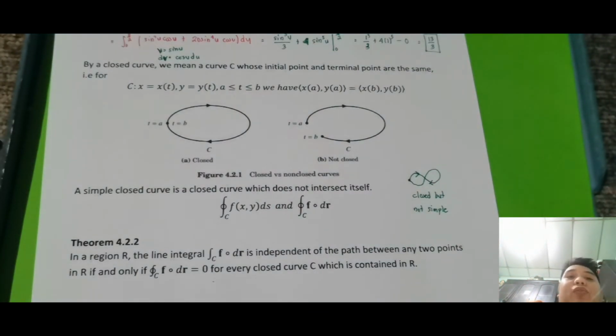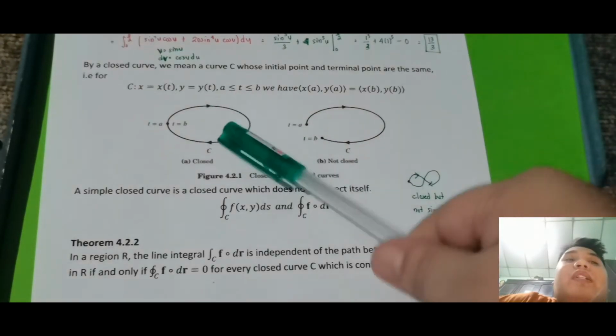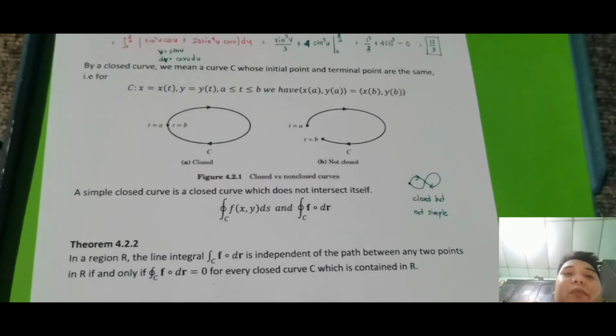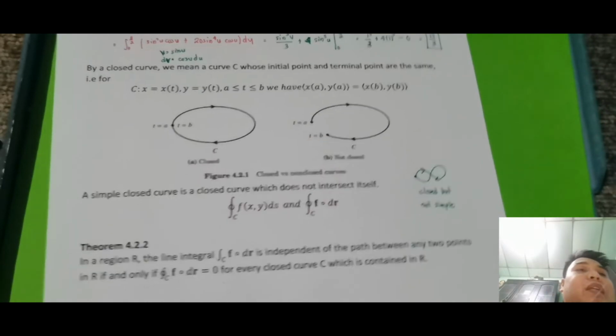Now, a simple closed curve is a closed curve which does not intersect itself. So, tama, ito ay a simple closed curve. Ito ay closed curve but not simple. So, pag alam mo na siya ay simple closed curve, ang integral natin ng isang vector field or ng isang real valued function or scalar field is something na different.